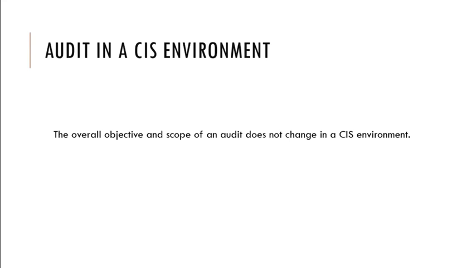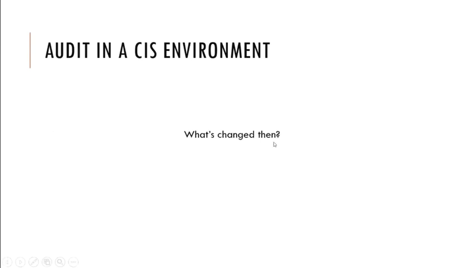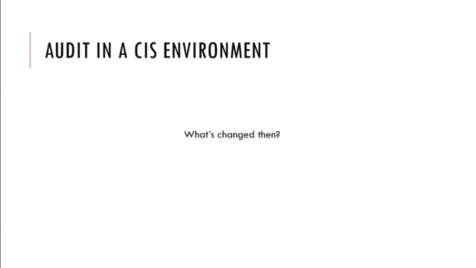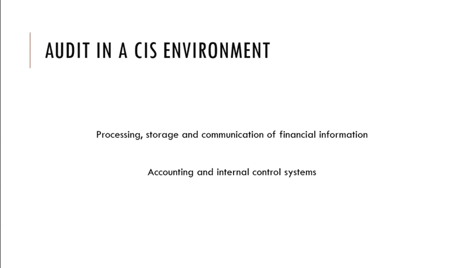As I emphasized a while ago, auditing theory in general does not change regardless of whether our audit client uses manual or computerized systems. So what changes then? If our audit objective and scope do not change, what changes is the processing, storage, and communication of financial information and the use of accounting and internal control systems.